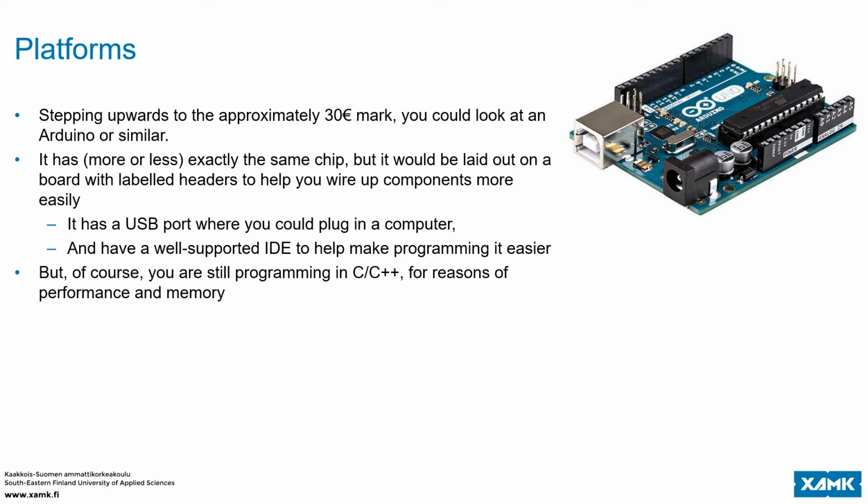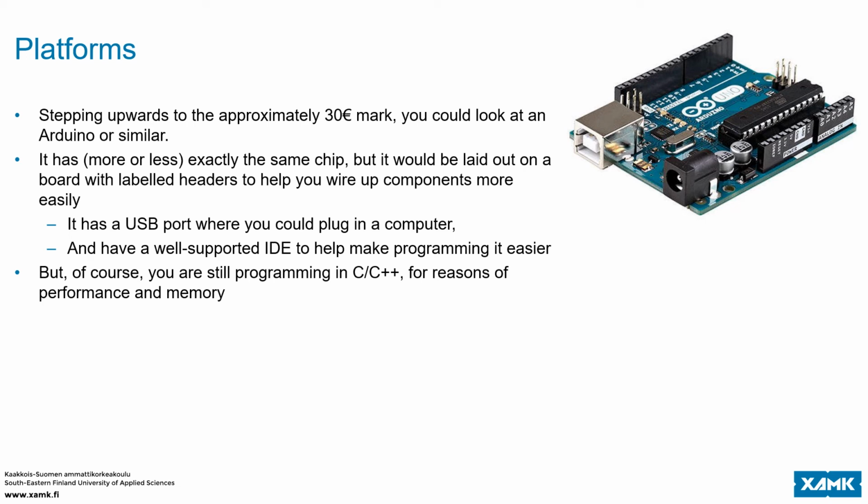There is also a USB port where you can plug it into a computer, and the computer and software will do the flashing of the code for you. There is usually also a pretty well supported integrated development environment to make programming easier.